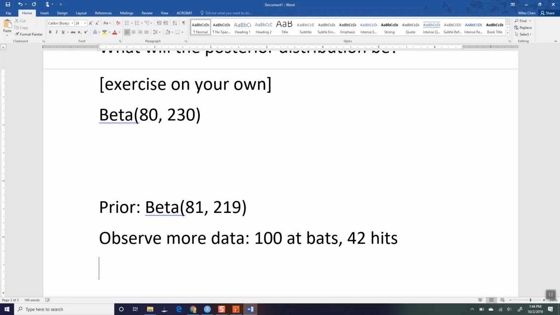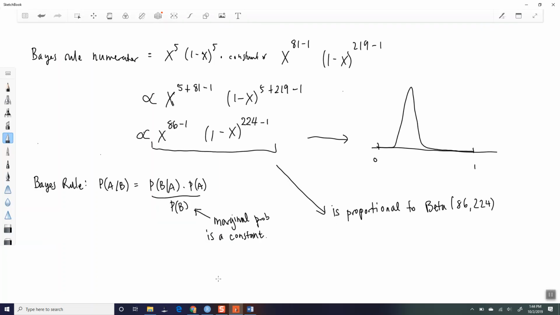And so again, if you follow the math for this, the prior is a beta with 81, 219, and that's going to be a constant times x to the 81 minus 1, 1 minus x to the 219 minus 1.